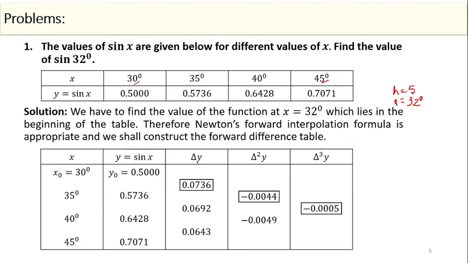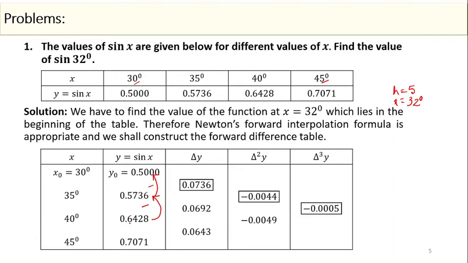To get delta y, that is first forward difference, now subtract 0.5 from 0.5736. So 0.5736 minus 0.5 is 0.0736. Now subtract 0.5736 from 0.6428. So 0.6428 minus 0.5736 is 0.0692.